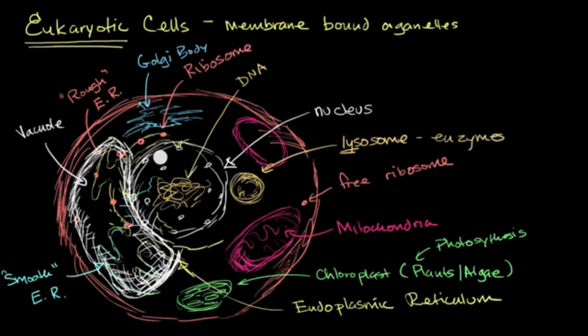These aren't all of the structures in eukaryotic cells, but these are enough of the structures so that you can appreciate that there are a lot of membrane-bound organelles in eukaryotic cells. And to be clear, even if I were to show all of the membrane-bound structures, that's not all the complexity of a cell. The big thing to appreciate is cells are incredibly complex. There's all sorts of structures in here that help transport things, that move things around.